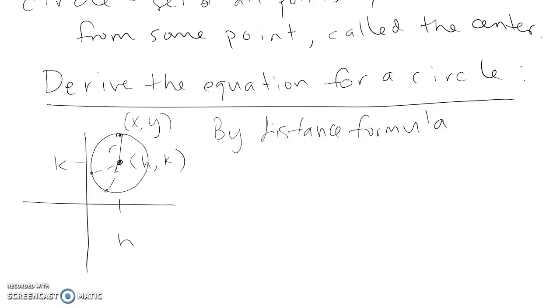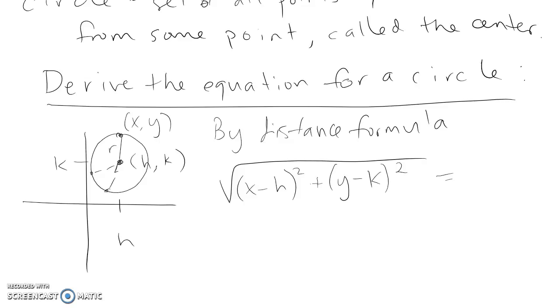By the distance formula in section 1.1, we know that if we take the square root of the difference between the x coordinates of 2 points, squared, plus the difference of the y coordinates of 2 points, squared, so notice here I'm taking x and h, y and k, that is equal to the distance between those 2 points.